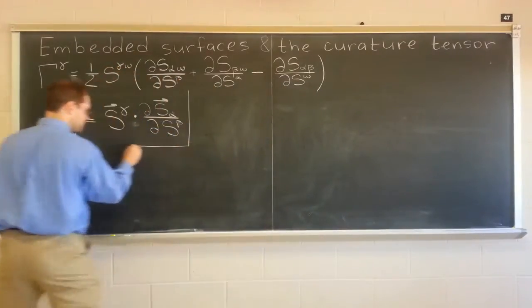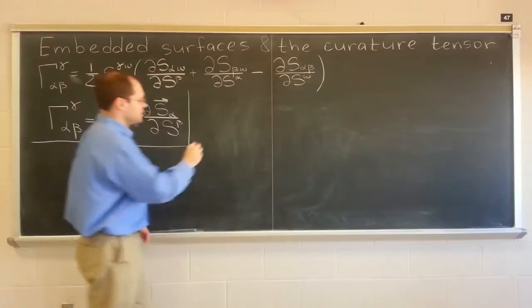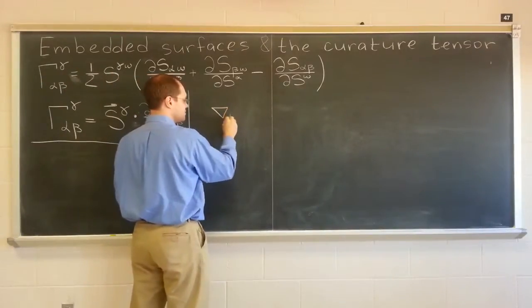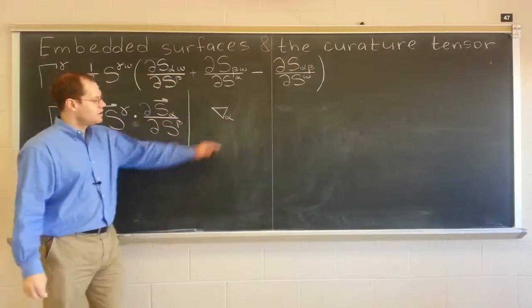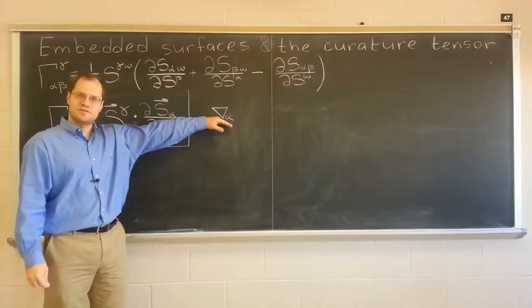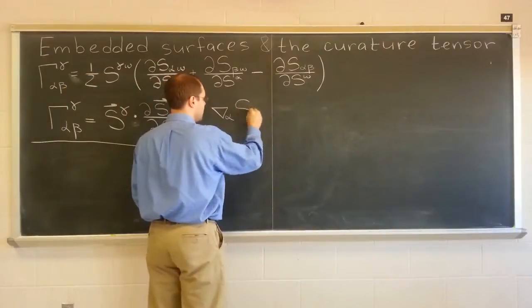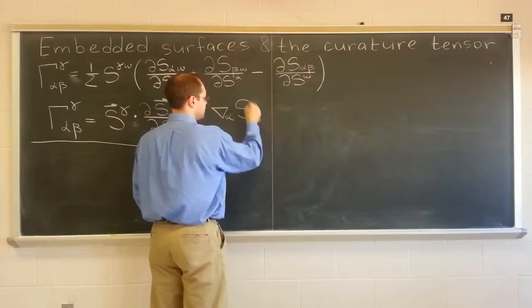Okay. So here's the big question. What is the covariant derivative on the surface, the covariant surface derivative of the covariant basis?